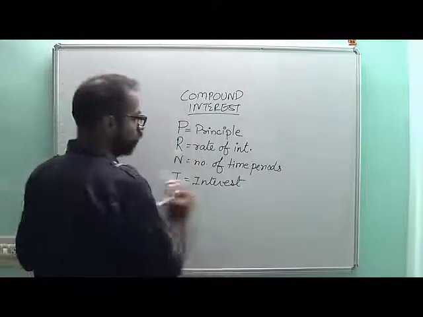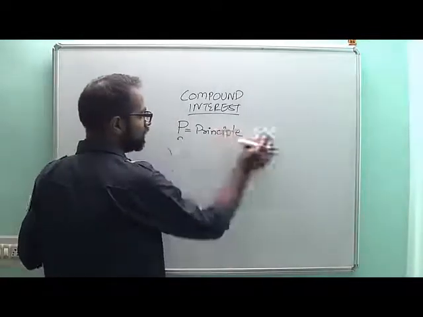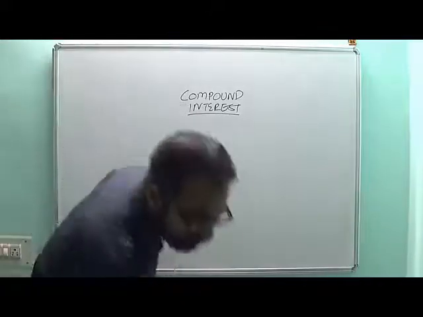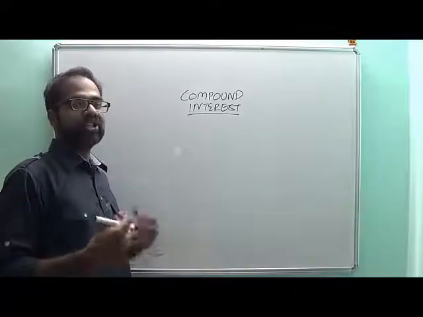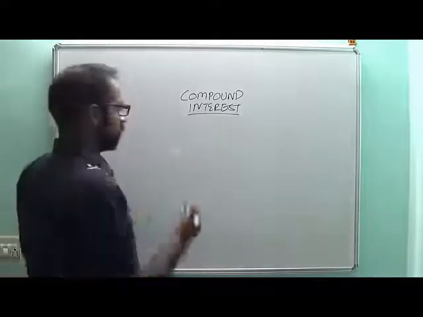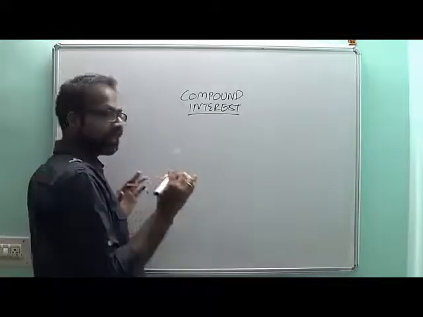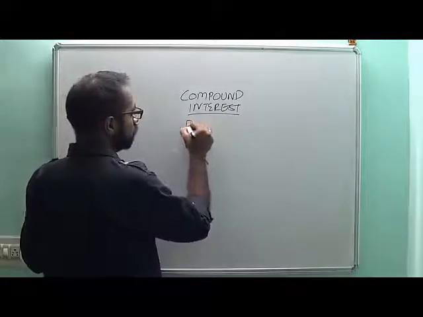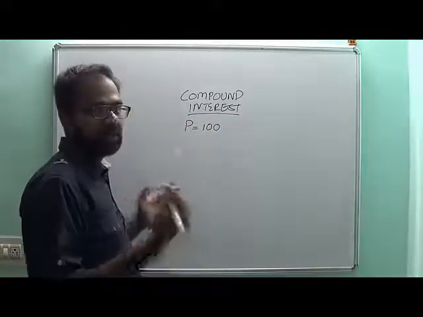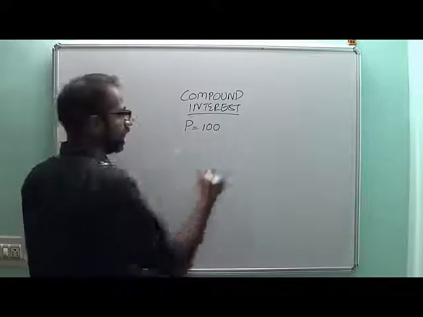Now, we know that when the money is lent at simple interest, then it is only the first principal on which the interest is being charged. But that is not how compound interest works. To make things simple, let me assume that the amount of rupees 100 has been given by me to a friend of mine.